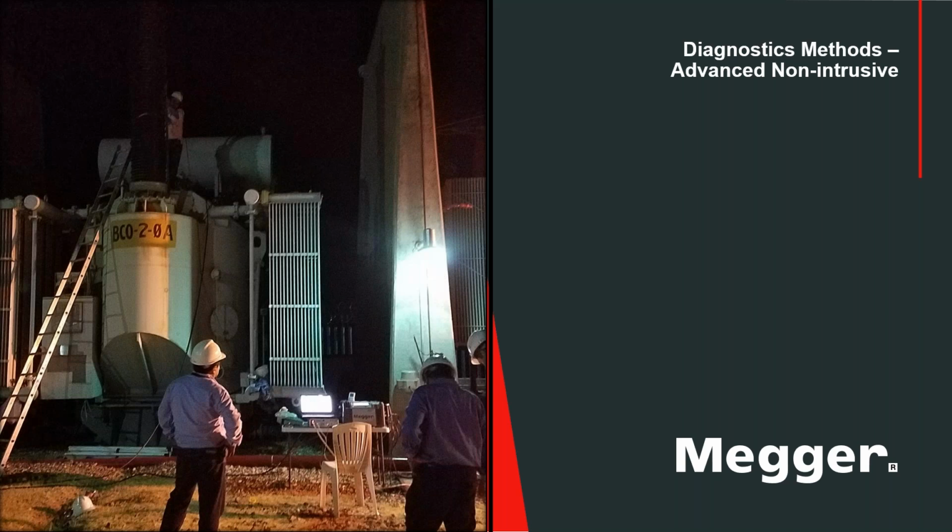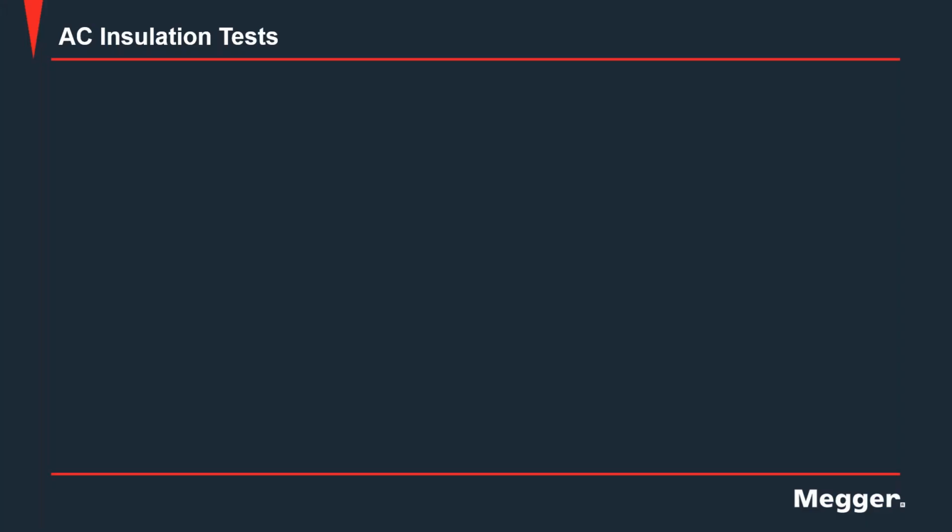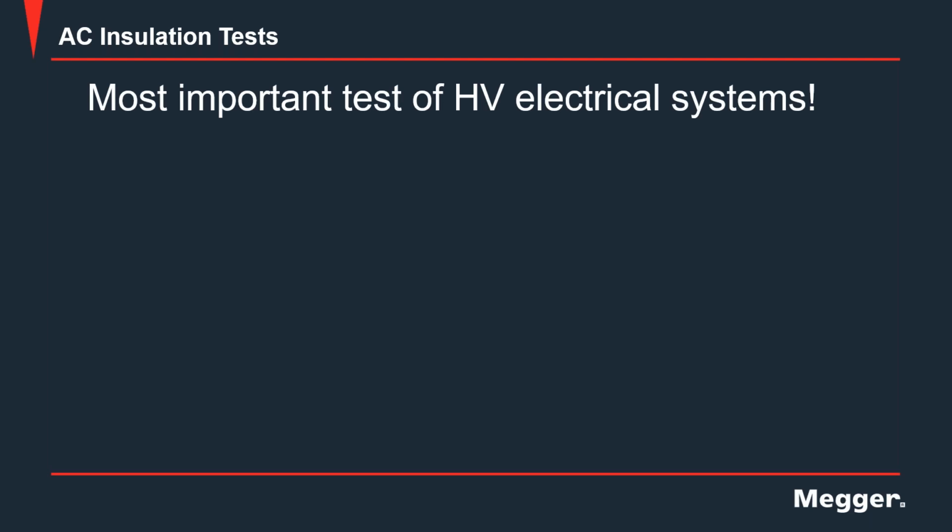Okay, so let's look now into the advanced non-intrusive methods that are available nowadays. AC insulation testing, as I was mentioning to you, is extremely important, and as you saw on the chart previously, it's the first and the most important test that we are doing.